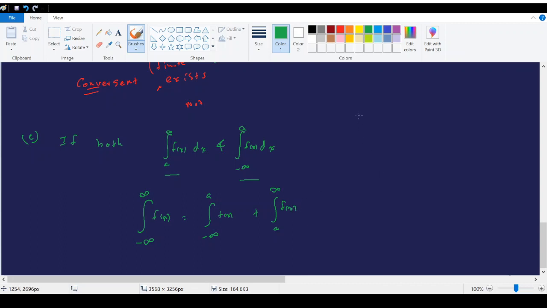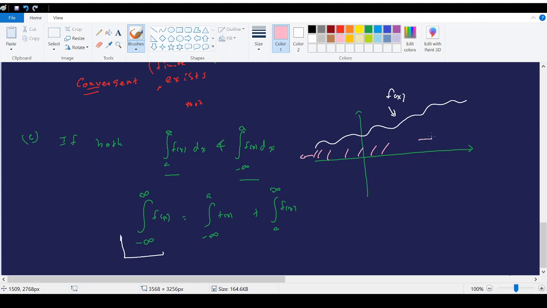So now if we visualize this with the diagram, we can say if we have this as the function, here what we do is the left hand side represents the area of this function, this is f(x), starting from negative infinity and goes towards positive infinity.